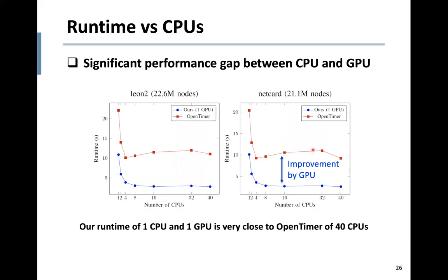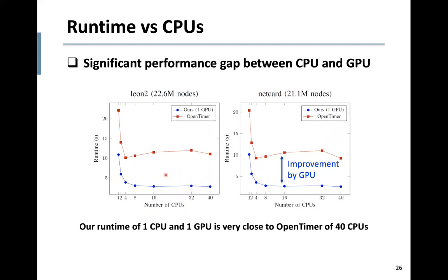We also see a significant gap between the GPU runtime and CPU runtime. This slide plots the runtime at different numbers of CPUs we use to run our algorithm and OpenTimer. But keep in mind, we also have several tasks that run on CPU, so increasing the number of CPUs also makes our runtime go faster.